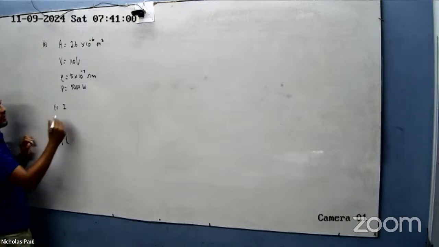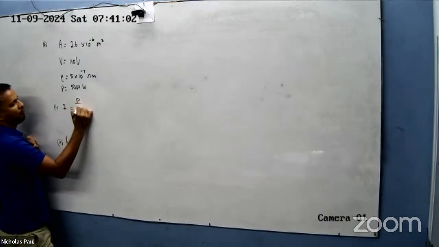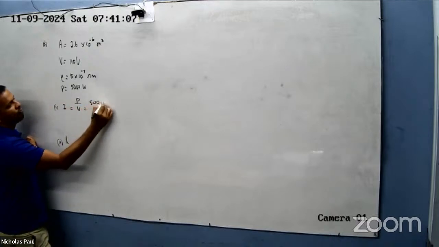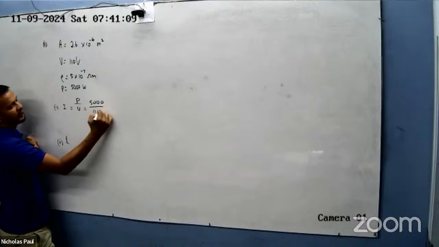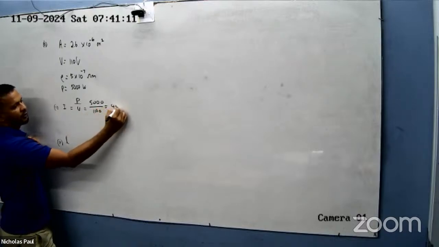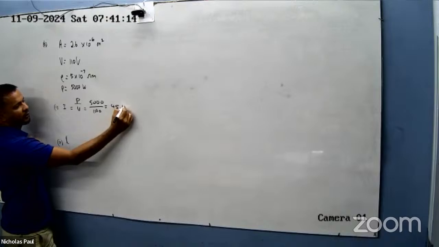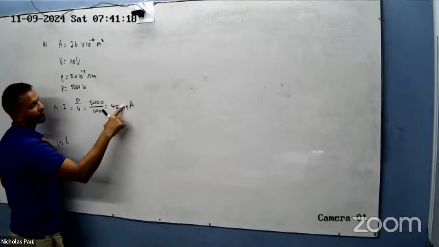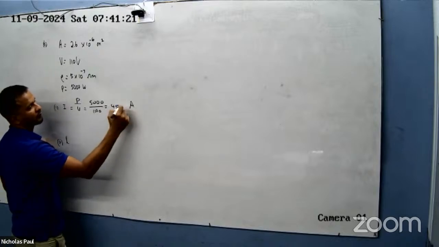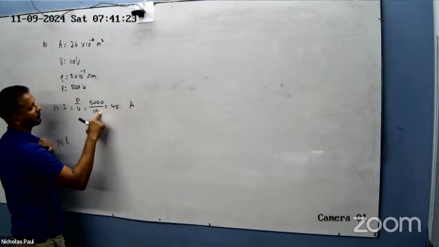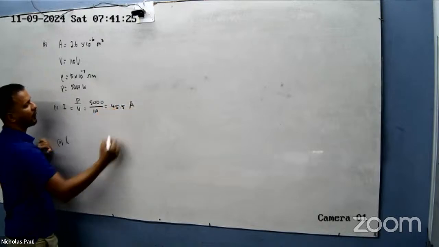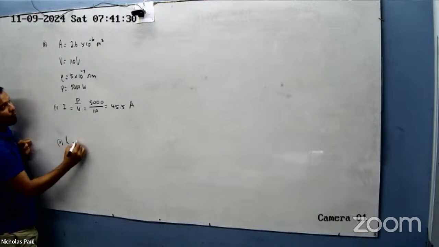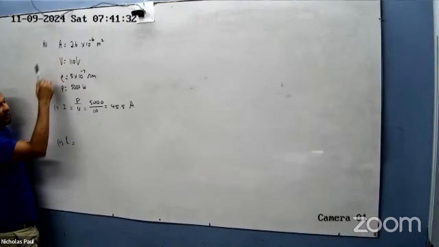To get I, you should use what? P on V, right? So that'd be 5,000 over 110. That's about 45.5 amperes.